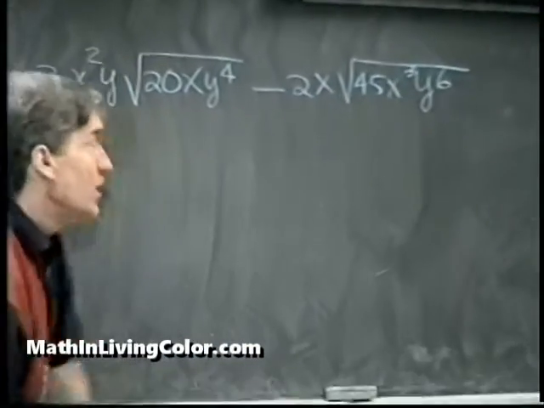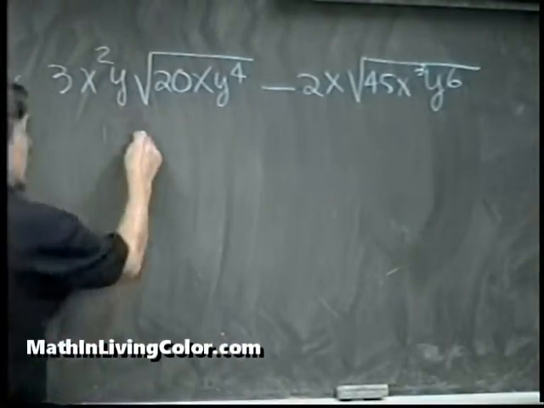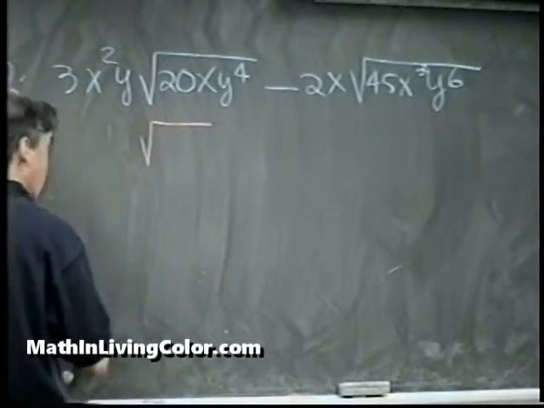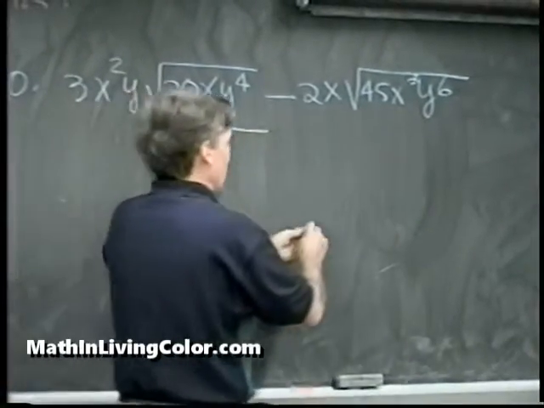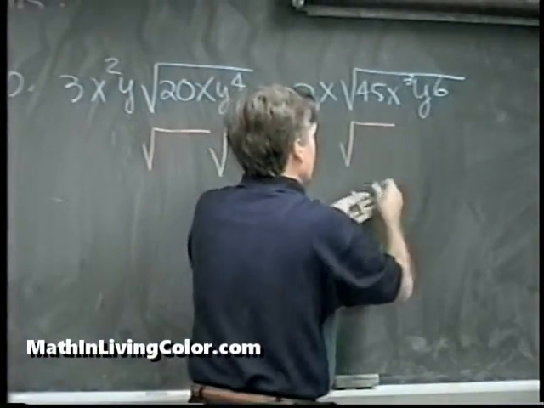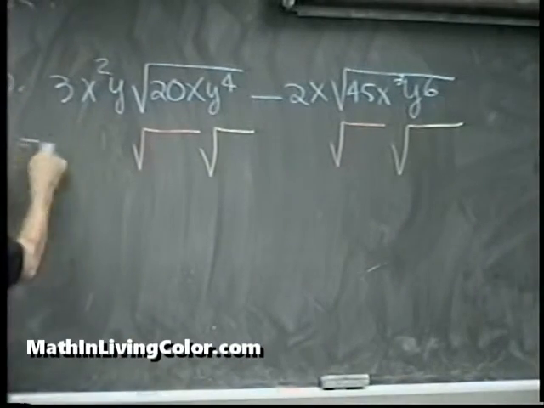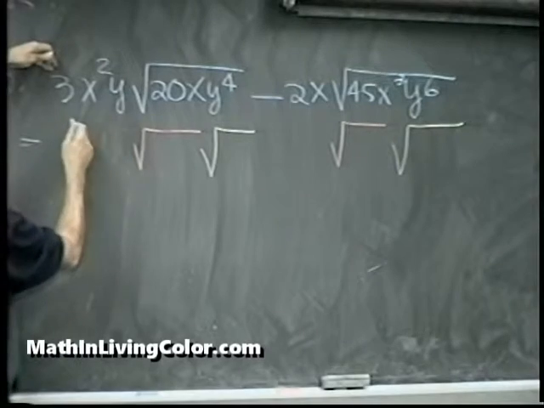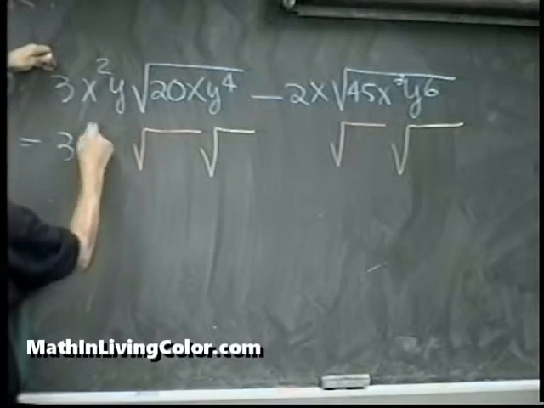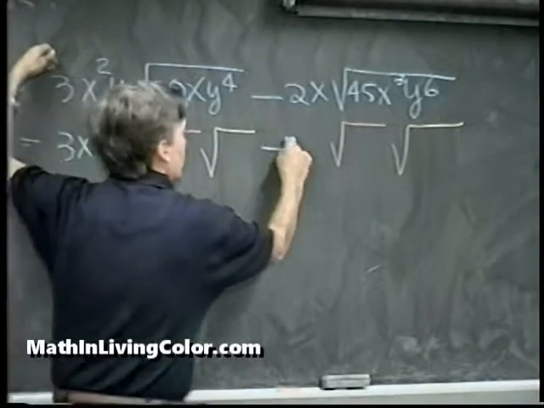All right? For my first step, let's sort this out. Let's make it a square root times the square root and a square root times the square root. And let's get it all sorted out. The numbers are going to be, the coefficients in front of the radical would be 3x squared y, negative 2x.